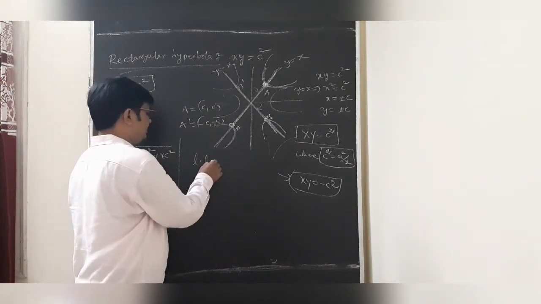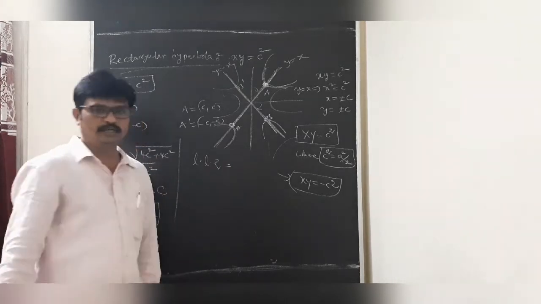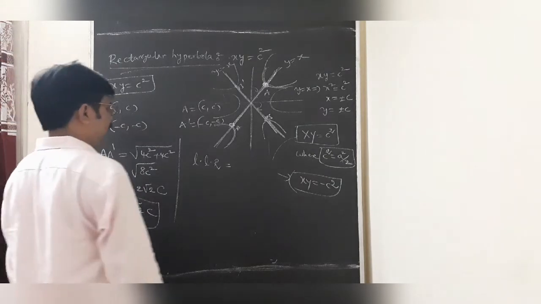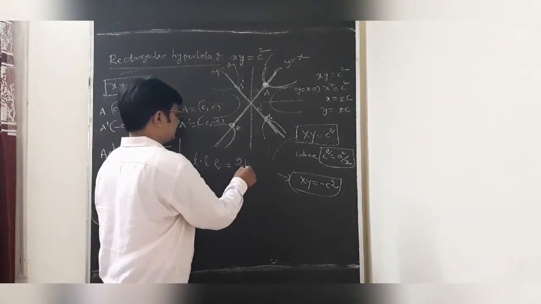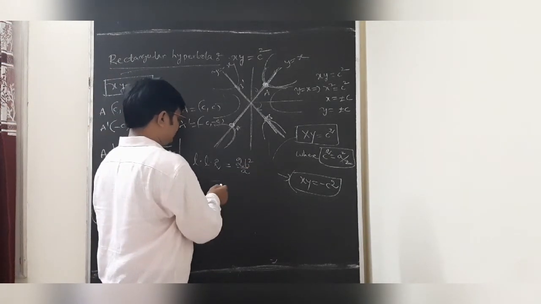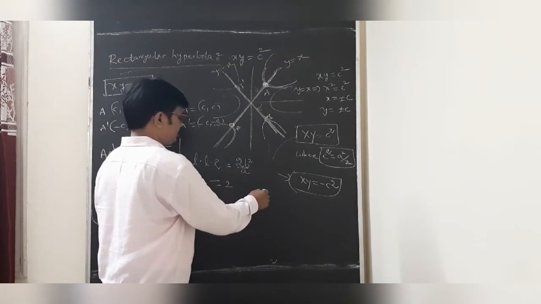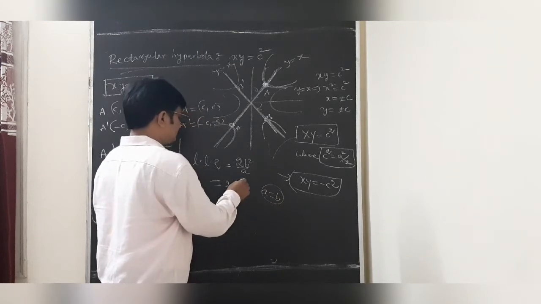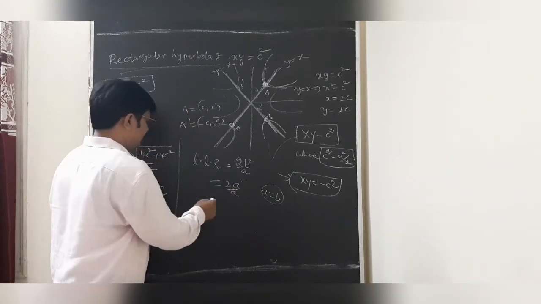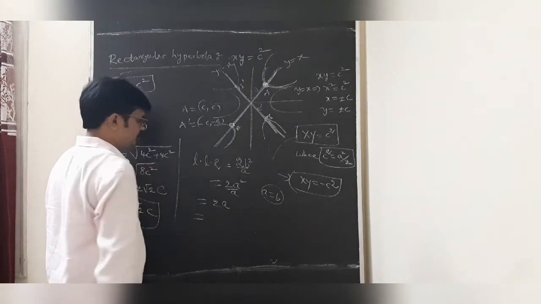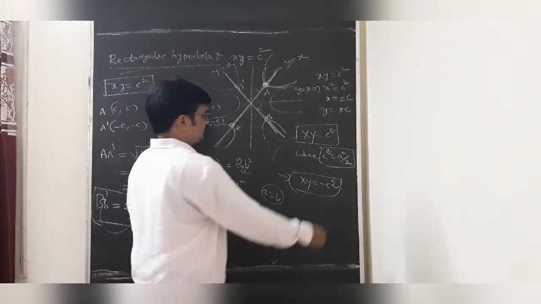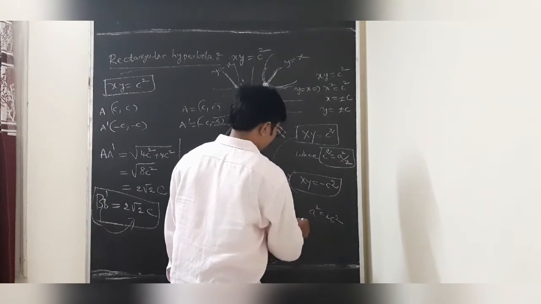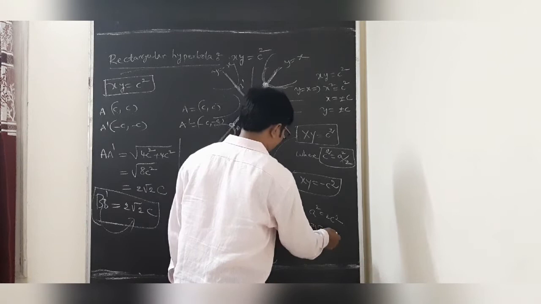Now we have to find the length of the latus rectum. The length of the latus rectum of xy equals c square: we know that the length of the latus rectum is 2b square by a. For a equals b, for the rectangular hyperbola, that is 2a square by a, which is 2a. And a square equals 2c square, a equals root 2 into c.